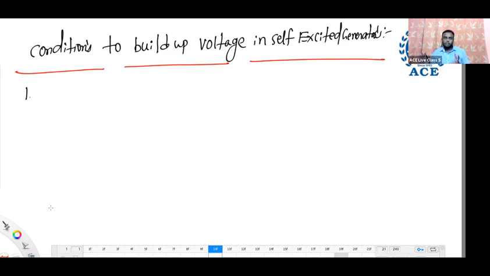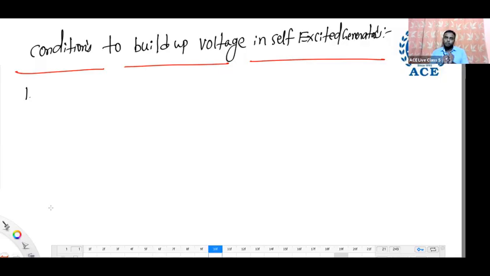Due to that retentivity, they will hold some flux lines. That flux we call residual flux. So this must be there. Even if there is no field current, there must be some flux in the poles. That is called residual flux.